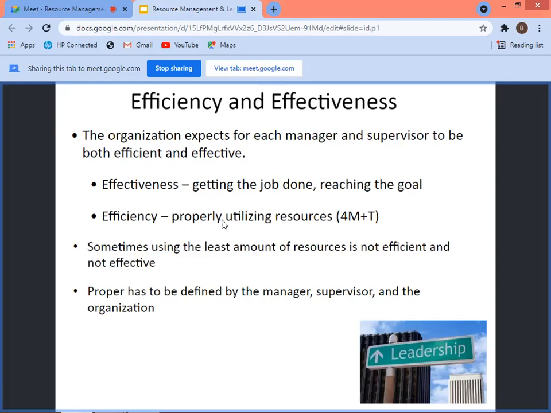Efficiency means properly utilizing resources, the 4M plus T that I discussed earlier. You need to be efficient. Just 1%, 2%, 3% efficiency difference would be a big impact to the organization. For example, let's say your efficiency right now is 95%. Because of the SMART objectives, you are able to increase the efficiency from 95 to 98%.